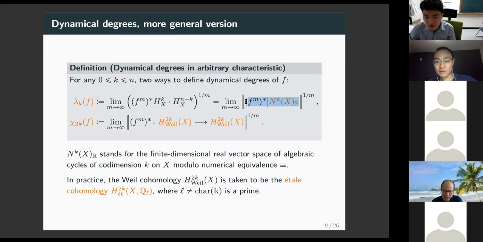This is the functor, so it's a linear transformation. And then the absolute value is the dimension, or the maximal coefficient of the matrix. You can take the maximal absolute value of the coefficients of the n times n matrix.